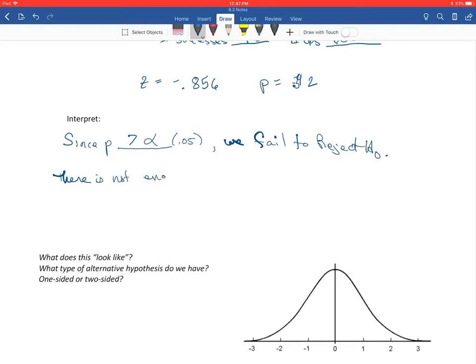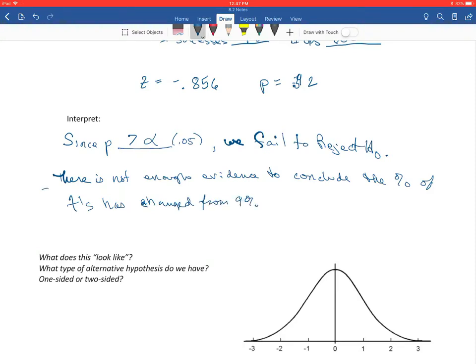So a lot of times what they say is like, there is not enough evidence to conclude the percent of T's has changed from 9%. That's one way you could say it.